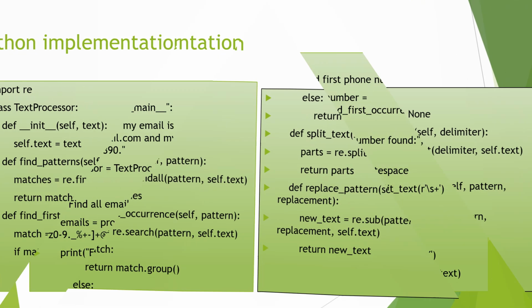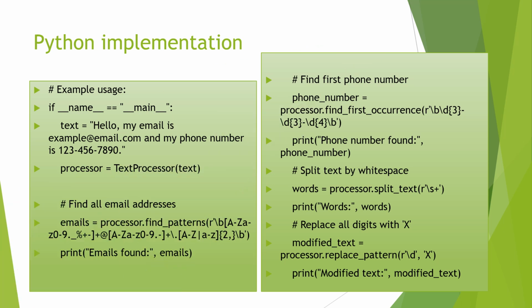We will now discuss the main function. Once the main function is loaded, initially we assign the text. We want to assign this information: hello, my email ID and my phone number in a particular format. Here I am calling the TextProcessor constructor and initializing the text in the init method.